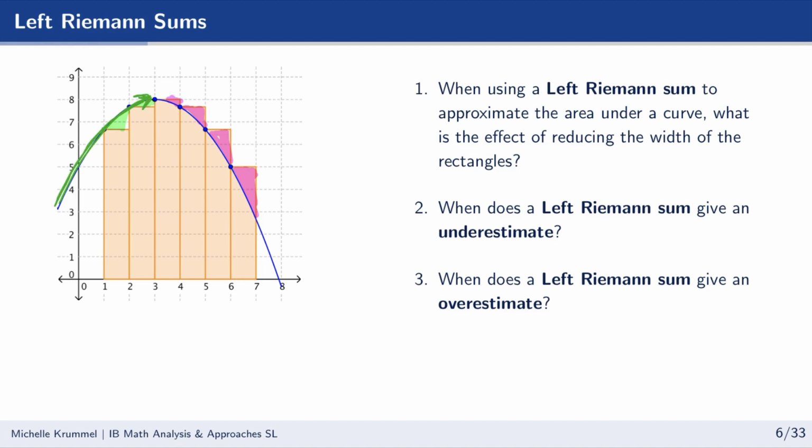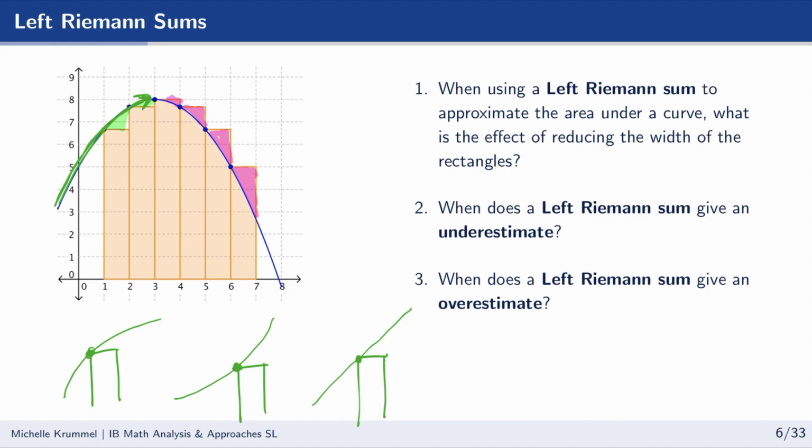And if the curve is increasing, and you use a left Riemann sum, you're always going to get an underestimate. It doesn't even really matter if you're increasing at a decreasing rate, if you're increasing at an increasing rate, or if you're increasing at a constant rate. If you're using a left Riemann sum, your rectangles are going to fall short of capturing the full amount of the area.